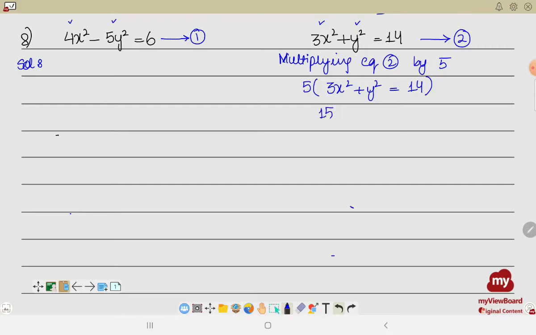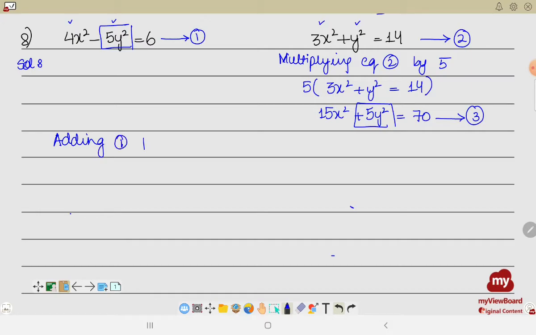It becomes 15x square plus 5y square is equal to 70. So this is going to be our equation number 3. Now you see we have 5y square over here, we have 5y square over here. So we can easily delete this term, right? We are having minus 5y square and plus 5y square. So no need to subtract now. We'll just add up the two equations, right?